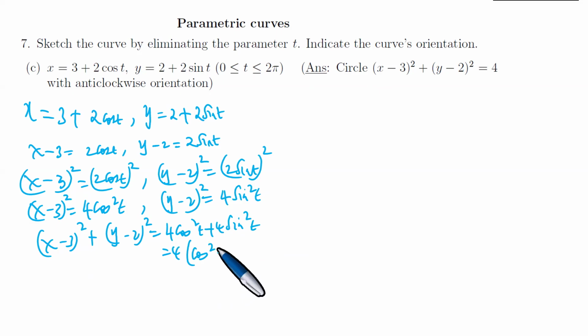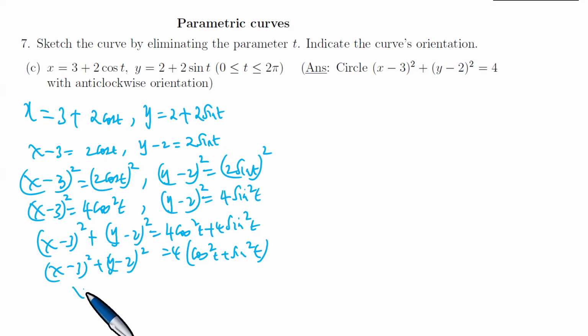Adding them, you pull out the 4: 4 times cosine squared t plus sine squared t. So x minus 3 squared plus y minus 2 squared equals 4, because cosine squared t plus sine squared t is 1. So this is a circle.